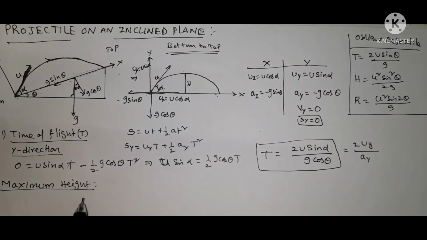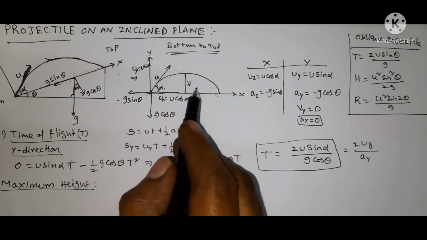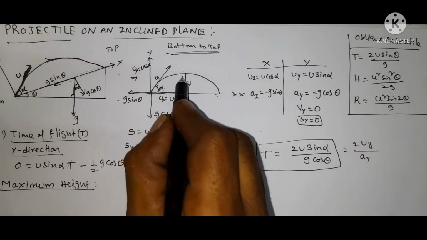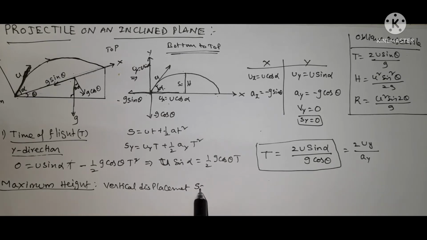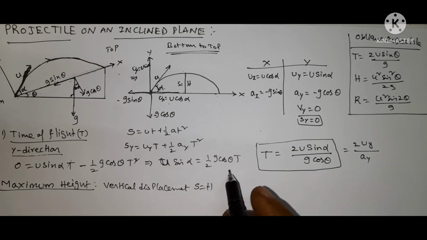By using that, in this case, let us say this is the vertical displacement. What are the values? The vertical displacement is s is equal to h. What about the vertical formula?